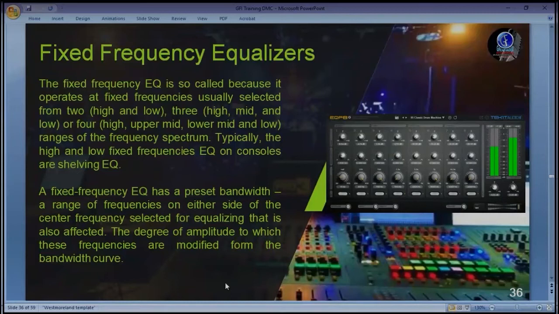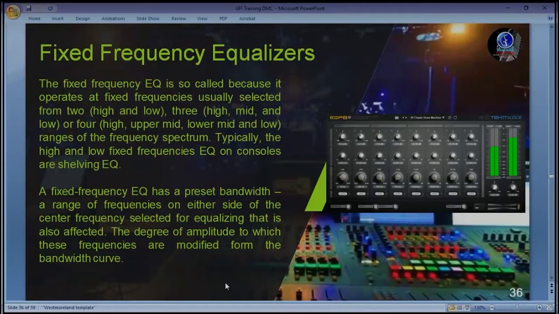So it means that when you go anti-clockwise, you are cutting down on that particular frequency, whether high, low, or mid. But if you are going higher, you are going clockwise.